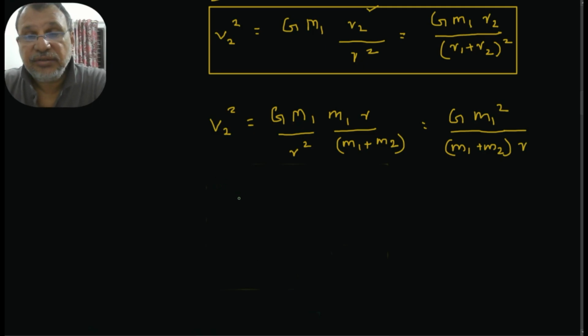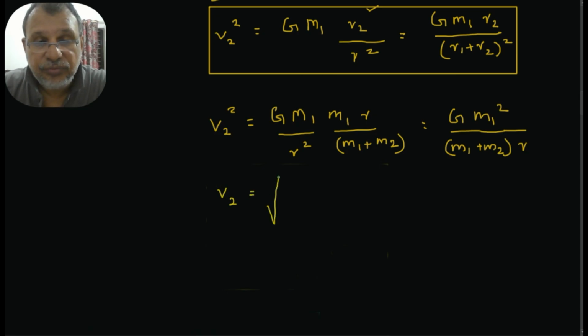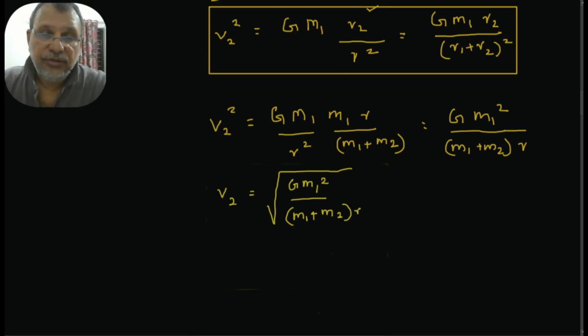So we can write V2 is equal to the square root of G m1 squared over (m1 plus m2) r.